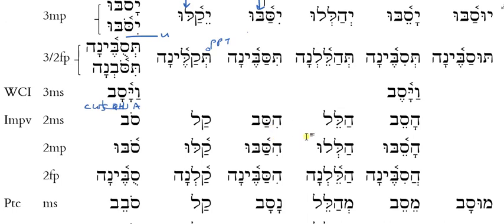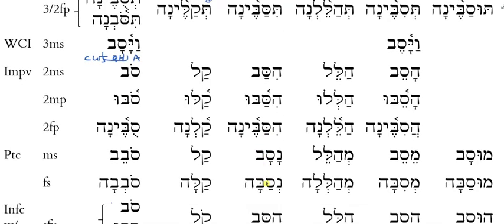So hissav is a command to a man. Hissabbu is a command to a group of men, second masculine plural. And then hissabbena is a command to a group of women. Notice that I'm keeping the same formation here. The only difference is that na is a consonantal ending as opposed to a vocalic ending, and so I need that helping vowel, that segol yod helping vowel.